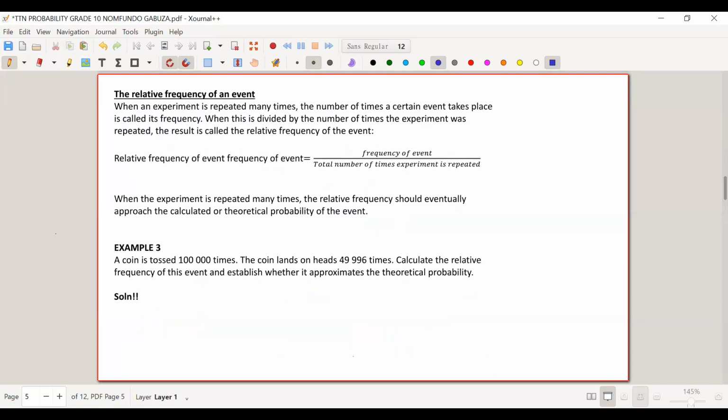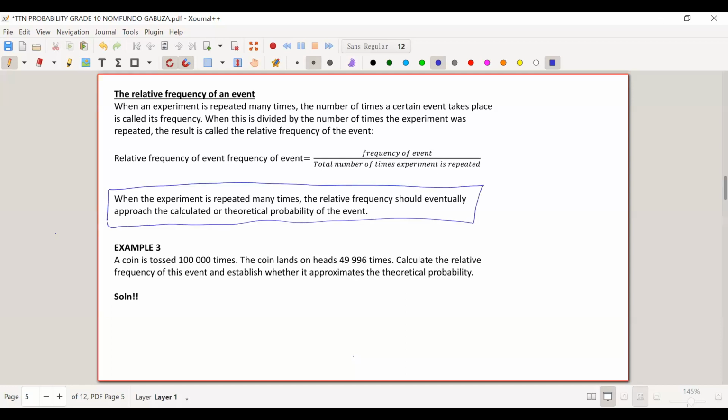So let's take a look at the relative frequency of an event. When an experiment is repeated many times, the number of times a certain event takes place is called frequency. When it's divided by the number of times the experiment was repeated, the result is called the relative frequency. So what do we mean by that? You must take notes of this part over here.